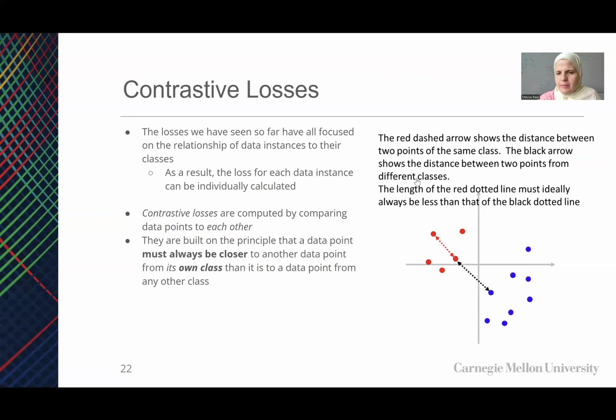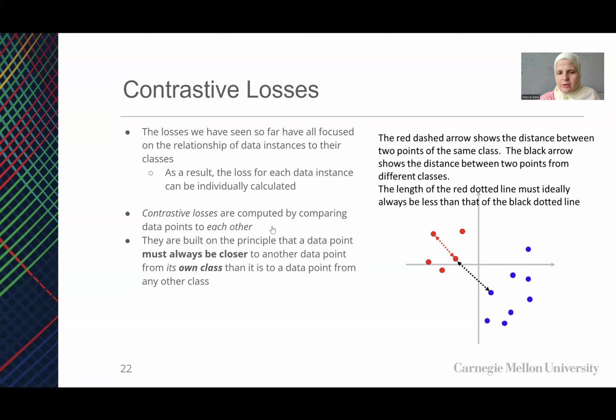Look, the red dashed arrow shows the distance between 2 points of the same class, and the black arrow shows the distance between 2 points from different classes. So the length of the red dotted line must ideally always be less than that of the black dotted line.